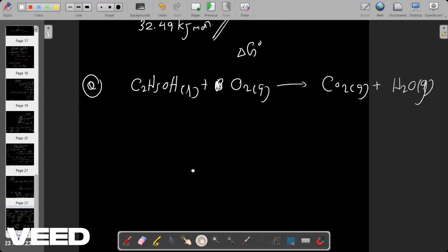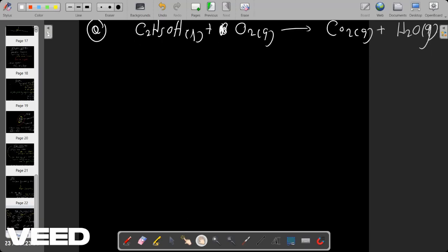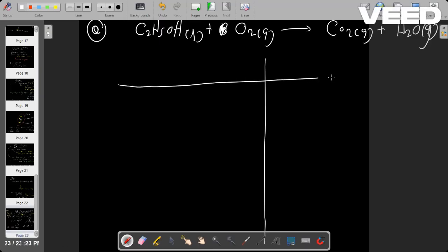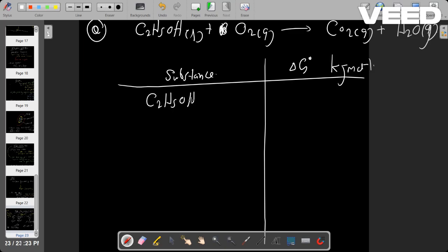Here for this also you are given a chart. Using this chart, you have to find the delta G naught of the substances. Here it is given in kilojoules per mole. C2H5OH liquid, minus 175. O2 gas, 0.